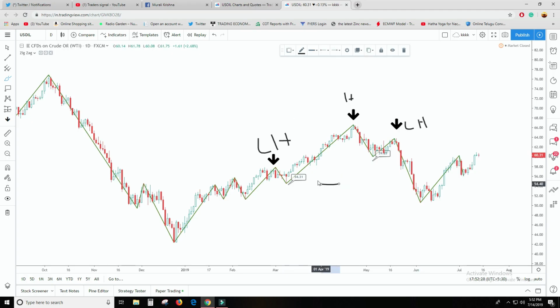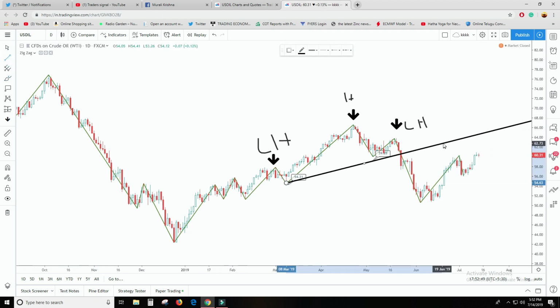This is the crude oil chart. So here, as I mentioned before, the middle swing should be high and the swings before and after should be lower than the middle. Here the two lower highs are there and the middle high is there, so it exactly suits our pattern. So what I can do is connect a neckline here.